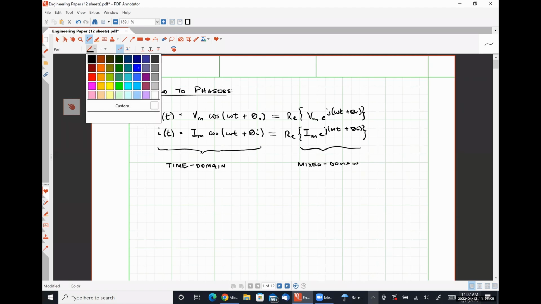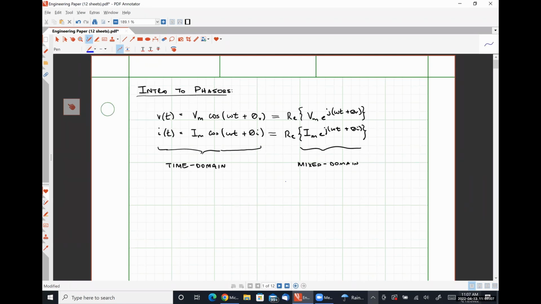So Euler's identity states that e to the j x is equal to cosine x plus j sine x, right?